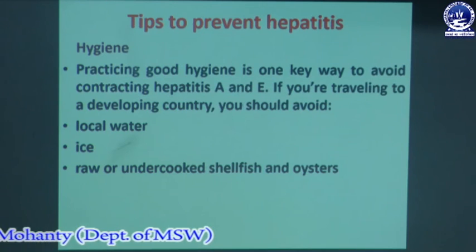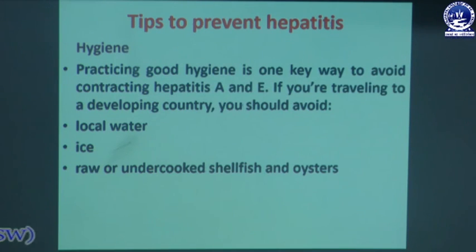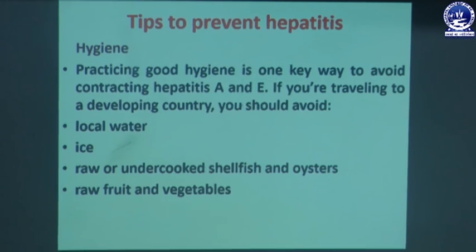When we avoid those types of food, we can prevent viral infections. Also avoid raw fruit and vegetables, and when we take fruit and vegetables, they should be safe and hygienic.